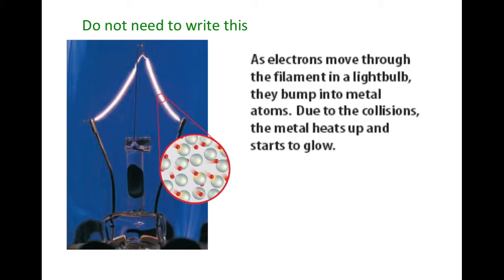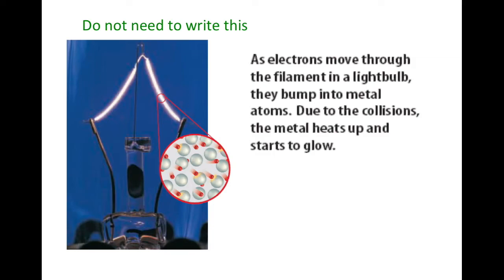As electrons are pushed through the light bulb, they go into this part right here called the filament, and they bump into the metal atoms. Because of the collisions, the filament lights up and heats up, and this is where we get our heat, and this is how we get the light.